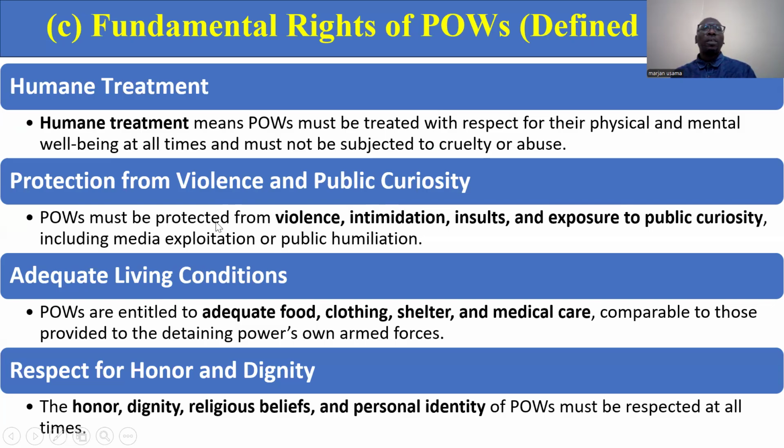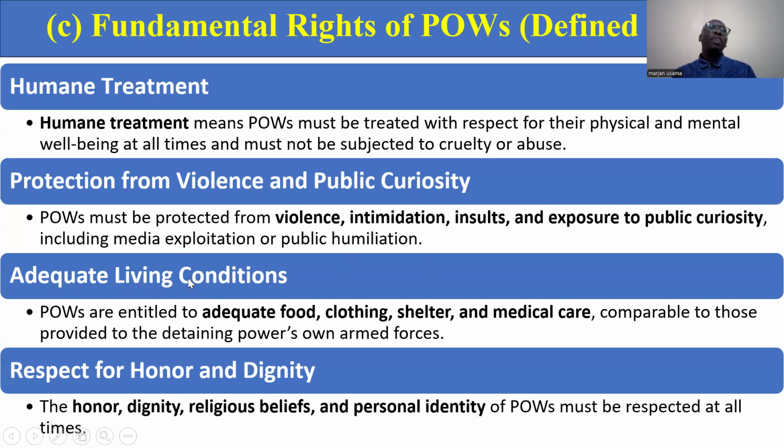The prisoners of war must be protected from violence, intimidation, like telling them, if you don't give us names, we are going to kill you. Insult, they should not be insulted. And exposure to public curiosity, they should not be exposed to the media. Like people seeing them, pictures being taken of the prisoners of war sitting down, like the pictures I just showed you, including media exploitation or public humiliation.